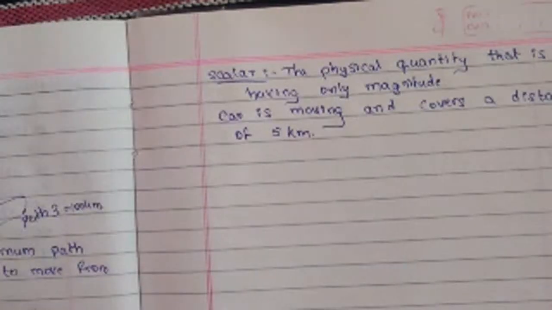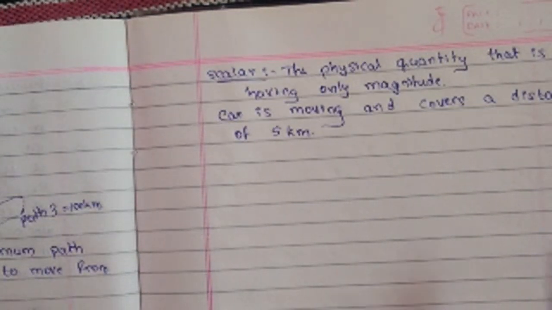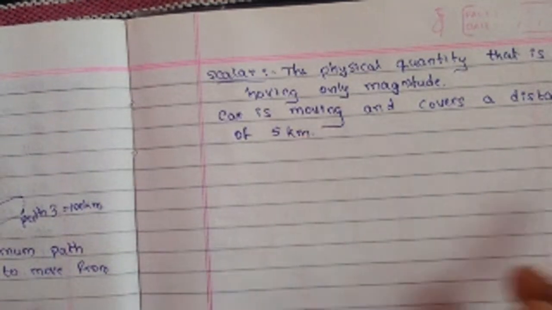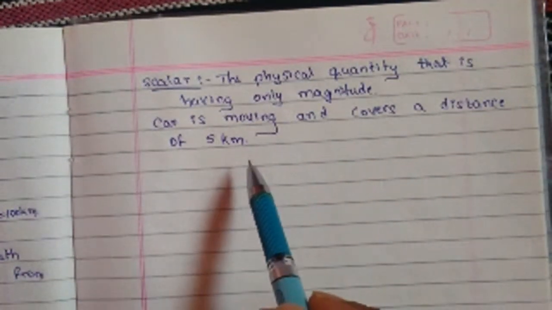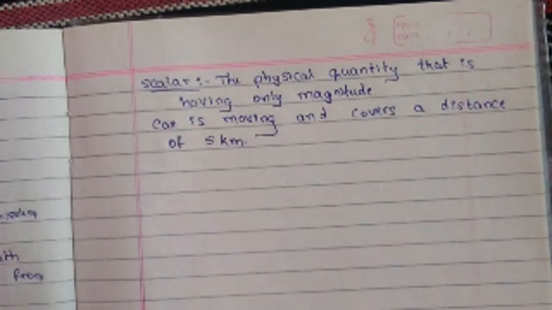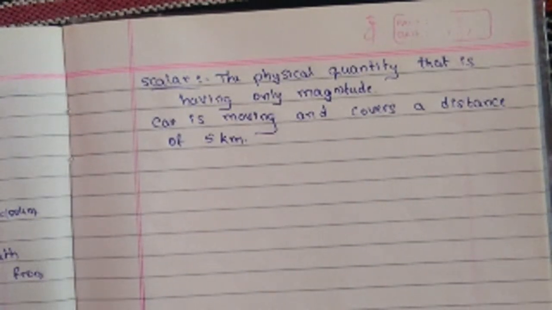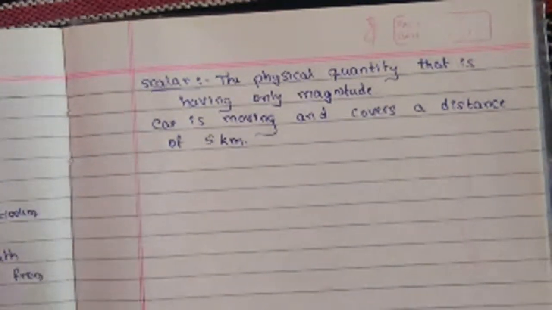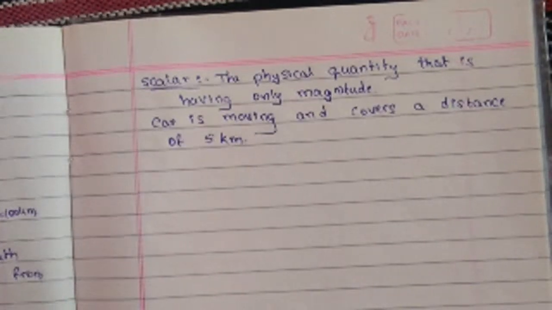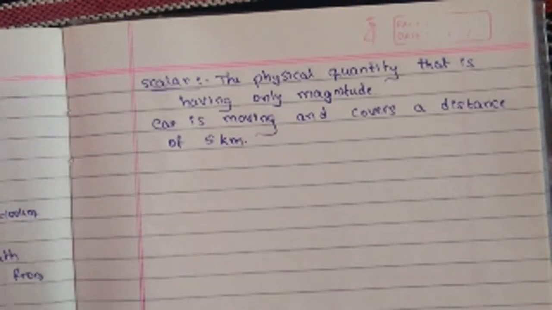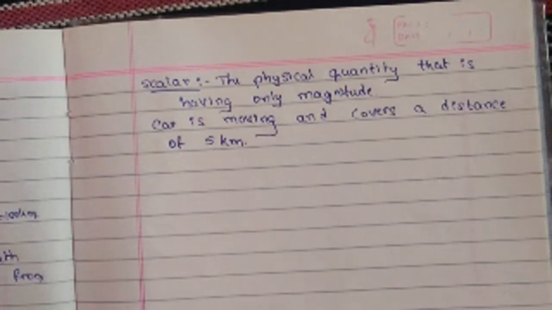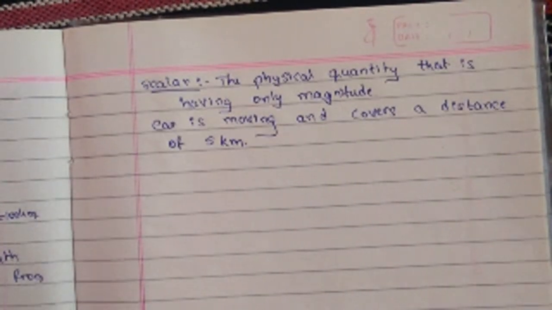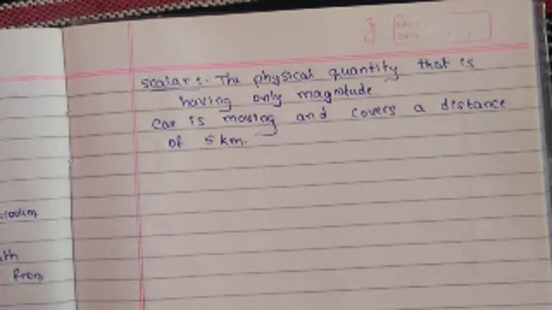Okay, here magnitude is given, and it travels a distance of 5 km, but which direction is not given. So here the physical quantity which is having only magnitude, that kind of quantities we are considering in terms of scalar. And then there are physical quantities that have magnitude as well as direction.